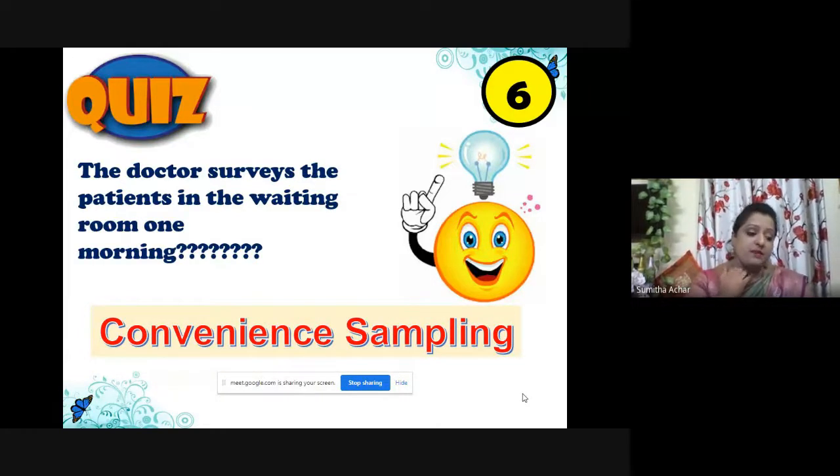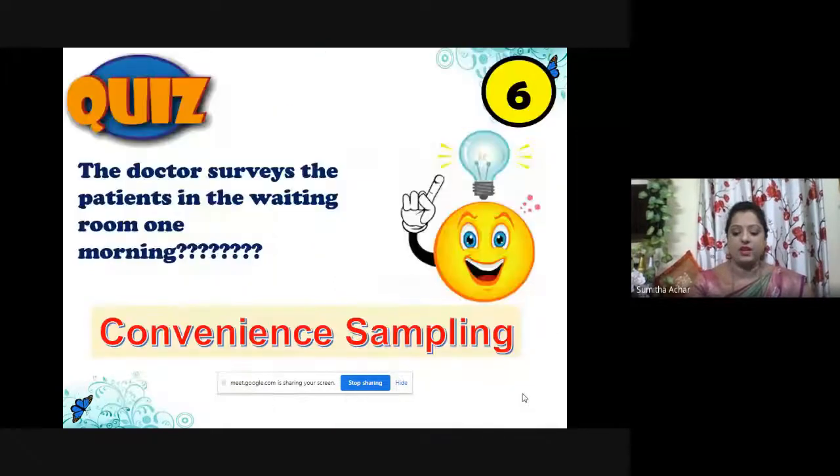Judgment sampling will definitely not apply, because if a person is walking into the doctor's clinic, the assumption is that the person has walked in for some reason, for medical health. So judgment sampling does not come into the picture there. So it is pure convenience sampling.